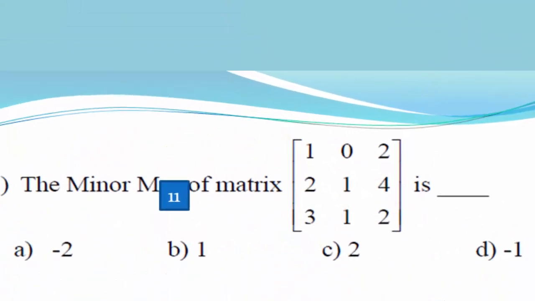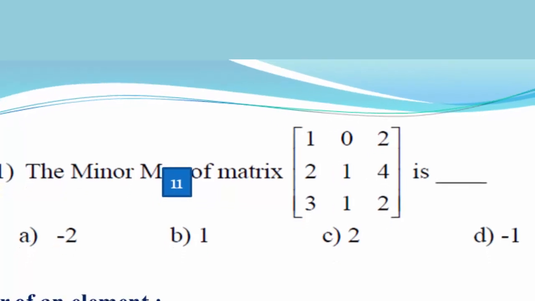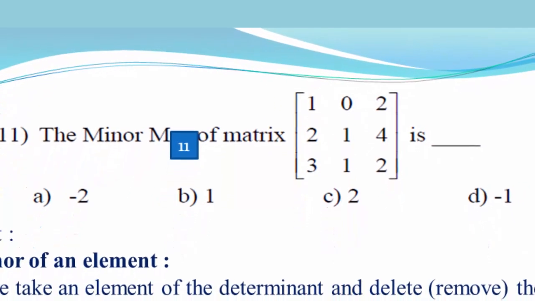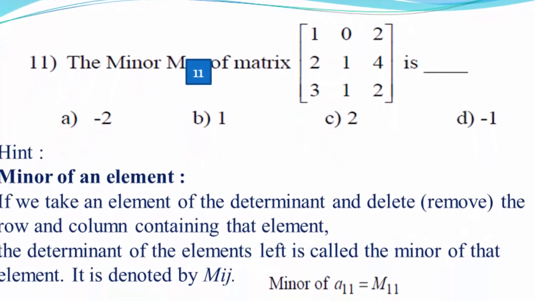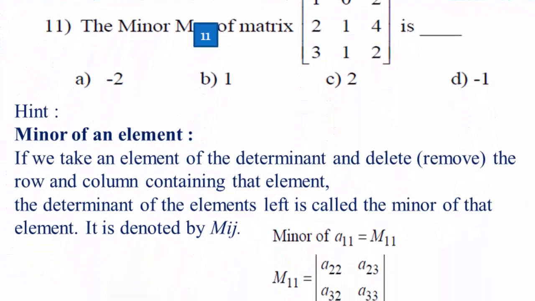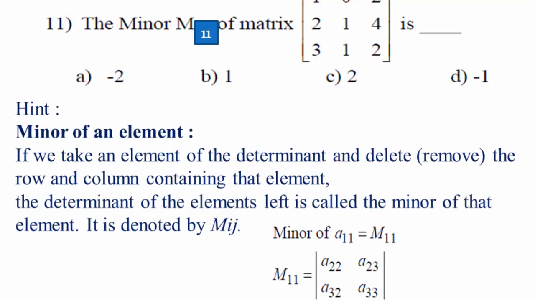Question number 11. The minor M11 of the matrix 1 0 2, 2 1 4, 3 1 2 of order 3 by 3 is. Students, here once again, according to the definition of minor, if we take an element of the determinant and delete the row and column in which that element is present, then the determinant of the elements left is called the minor of that element. It is denoted by Mij.